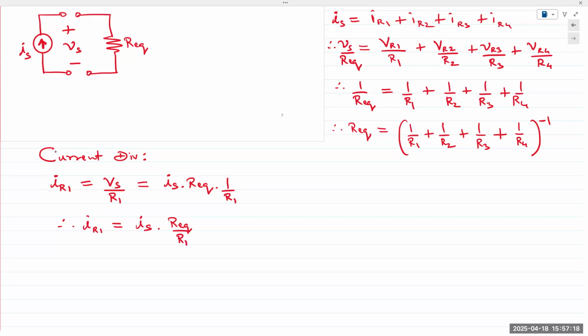And that is the current division principle. It's exactly the same as the voltage division principle, except the ratio numerator and denominator are flipped. Did y'all study current division and voltage division in physics? Some of you say yes, some of you say no.